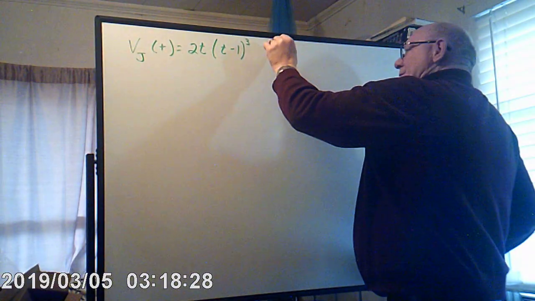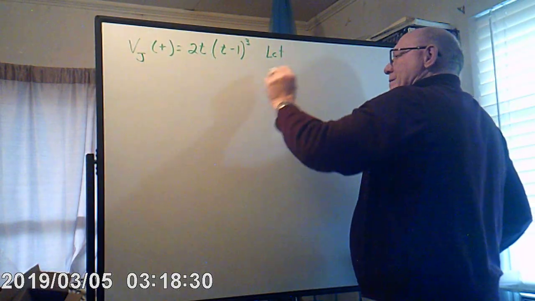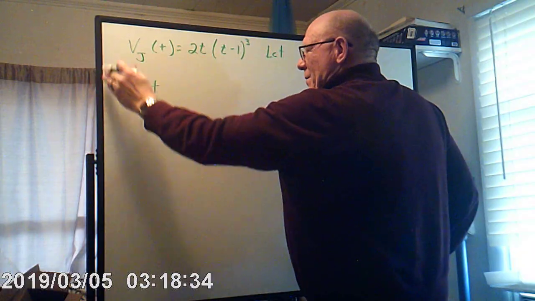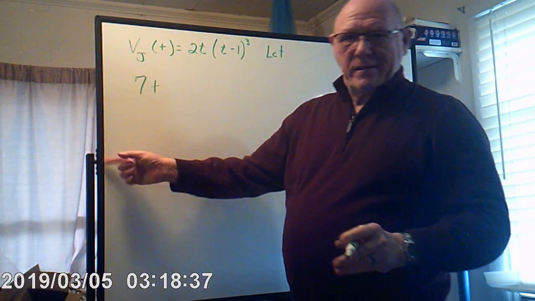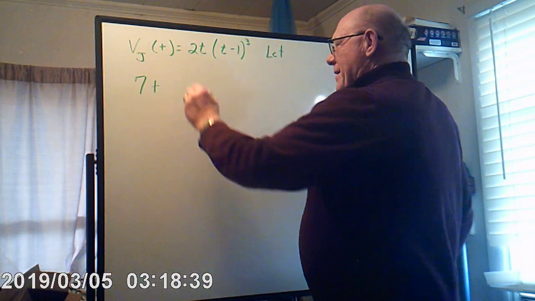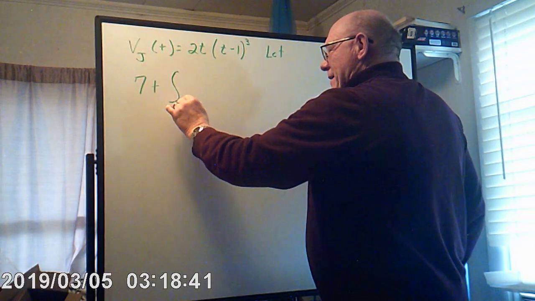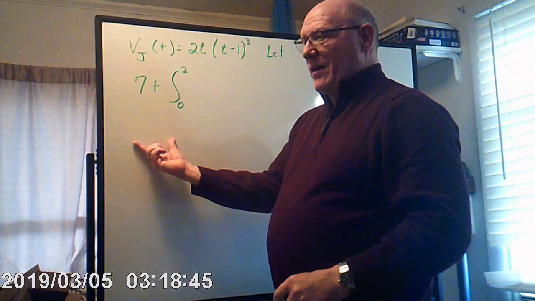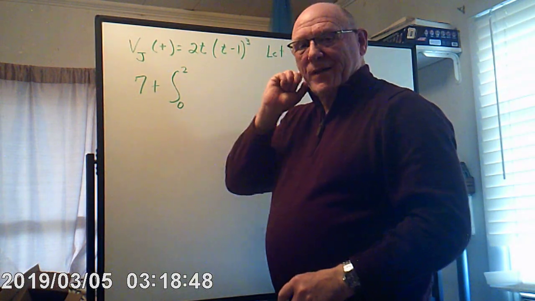And what we did was, we had 7 already, that's where that's at. Don't put an integral on the 7. Just integrate here. That's going to be part of your answer, but let's go ahead and put that right there like that.